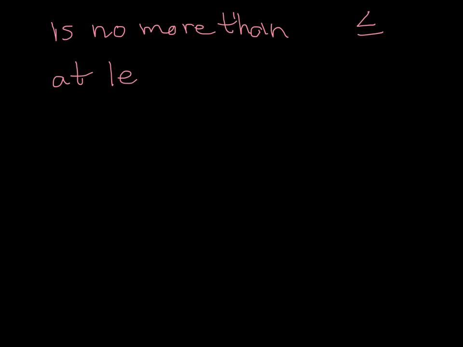If you see, for instance, "is no more than" in a sentence, like for instance, 4 times a number is no more than 3 times another number plus 8, then the words "is no more than" mean that you should use the less than or equal to symbol. If you were to see "at least" in a sentence, that means that it would be greater than or equal to.